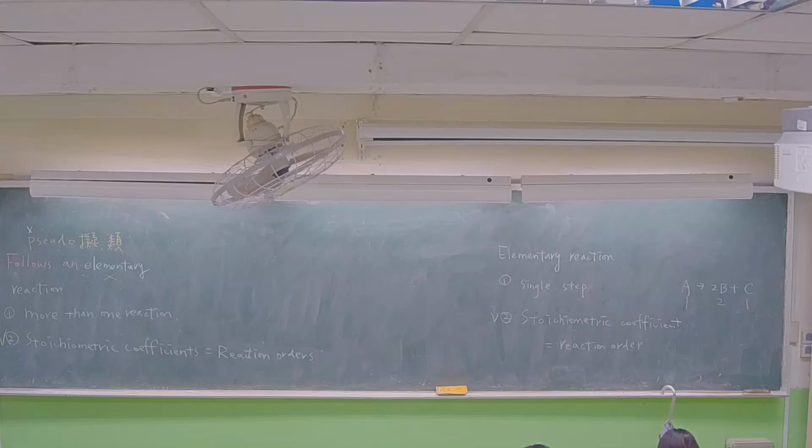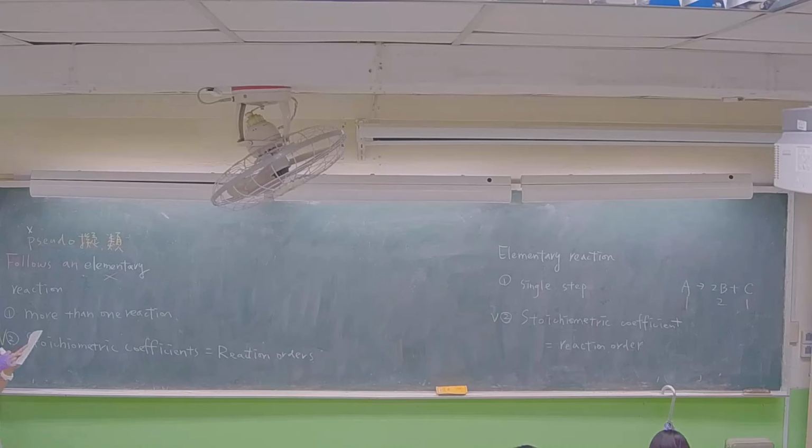The reactant and the product are both in the gas phase, liquid phase, or solid phase. So that is homogeneous, only one phase. The first one, the overall order doesn't have to be an integer. So it can be 3/2.